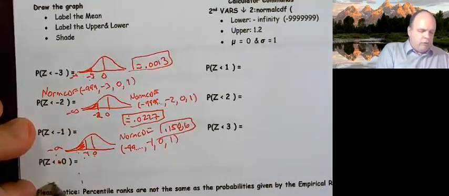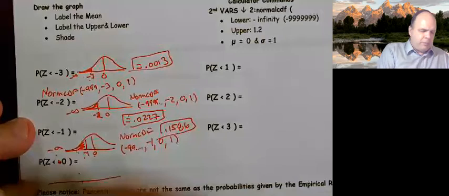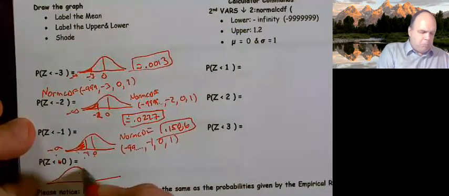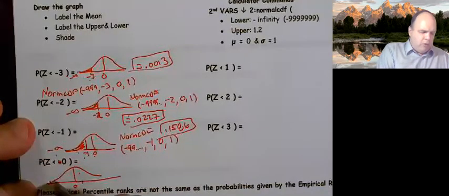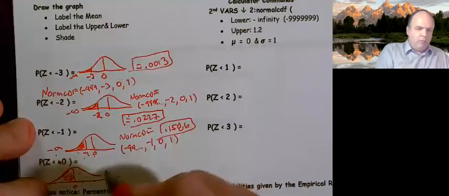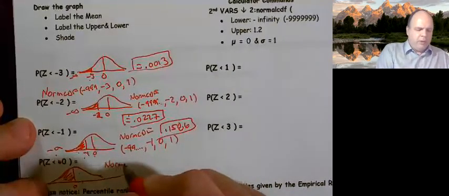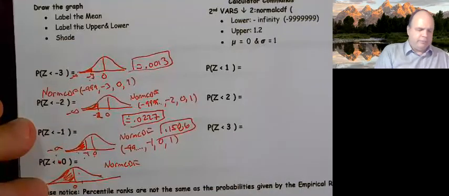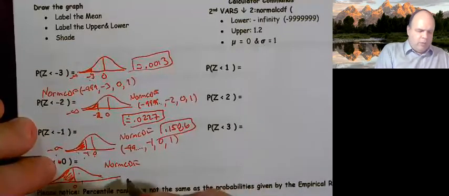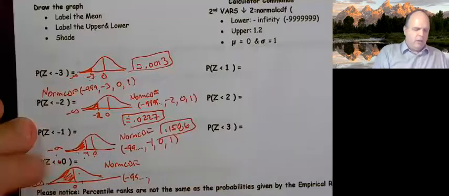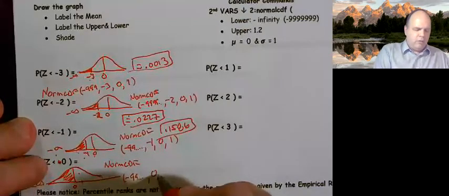All right. So 0, we're going all the way to here, negative infinity. Once again, it's a norm CDF. And we're going from -99999 to 0.